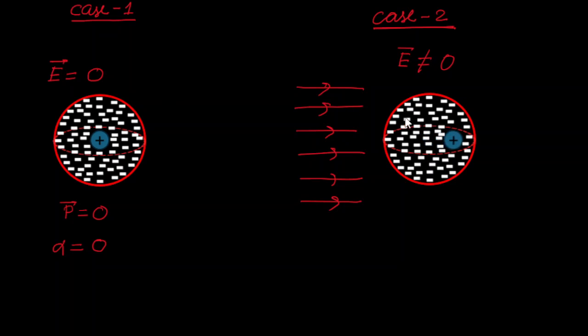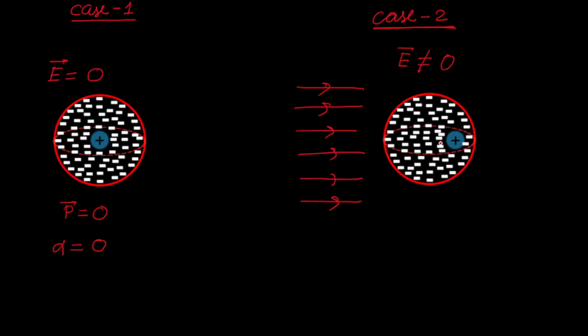As soon as we turn on this electric field, you can see the external electric field will apply a force on this positive charge, and because of that force, this positive charge will get displaced towards the right. The electron also is supposed to get displaced, but as it is written in the question that the electron cloud will behave like a rigid sphere, so in this case the electron will remain as it is.